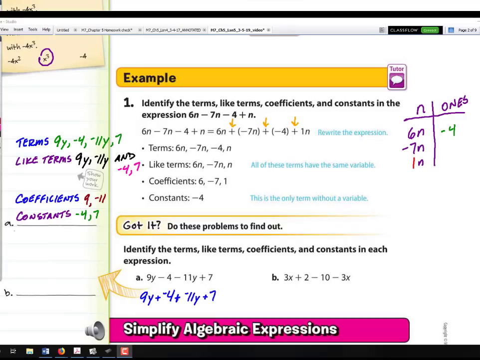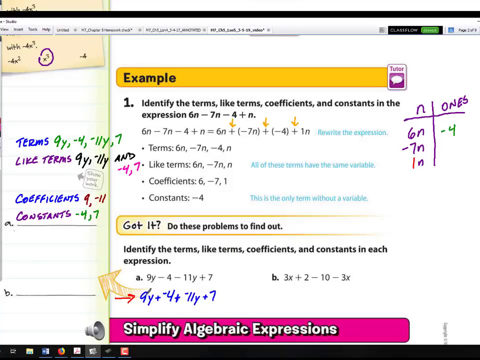All right, so here's the answer to A. You'll notice the very first thing that I did was I rewrote as an addition sentence. Now, if you want to, you can always put parentheses in around your negatives to make them stand out. I just went ahead and wrote mine straight up.